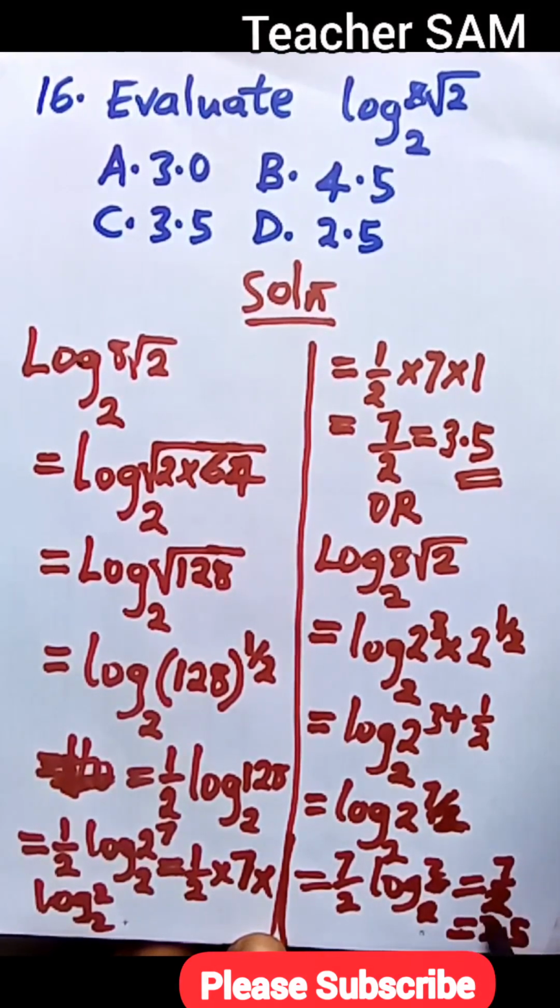Log 2 to base 2 is 1, so 7 over 2 times 1 still gives us 7 over 2. And when you change that to decimal, you have 3.5.